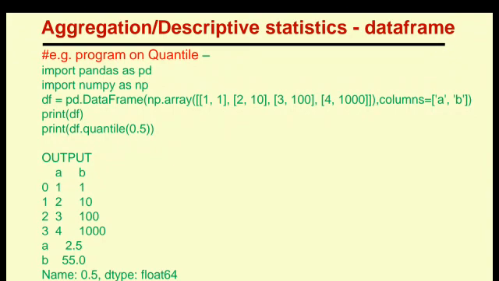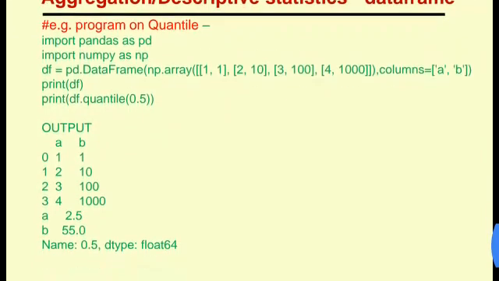Print df, print small bracket df dot quantile bracket 0.5, close both the brackets. So this is the output which is given.